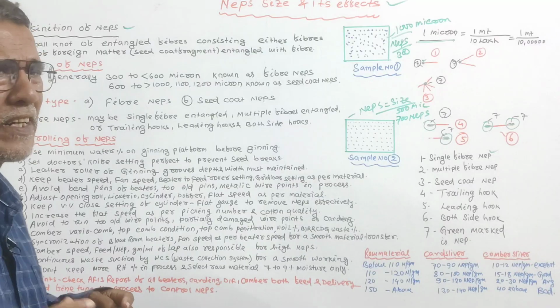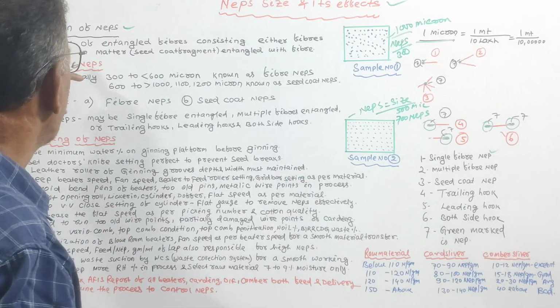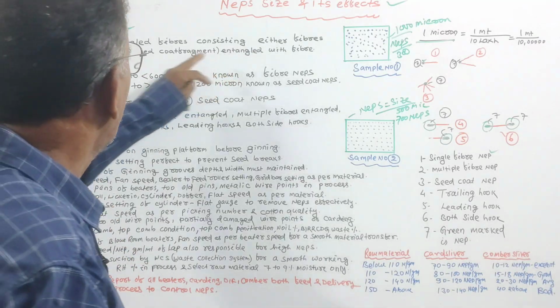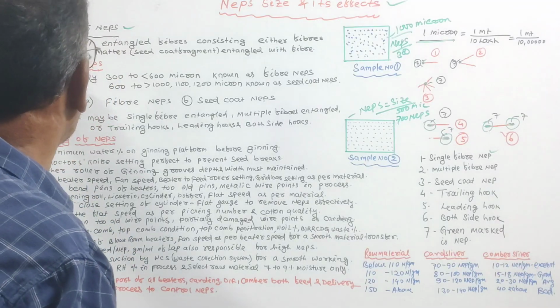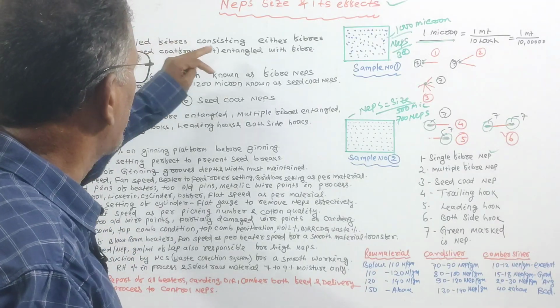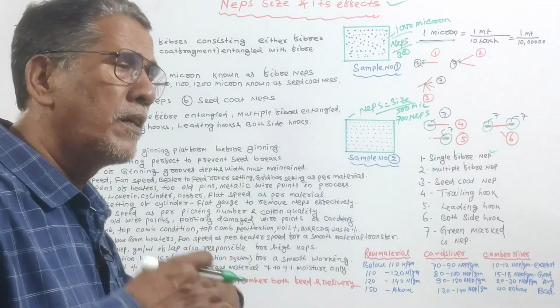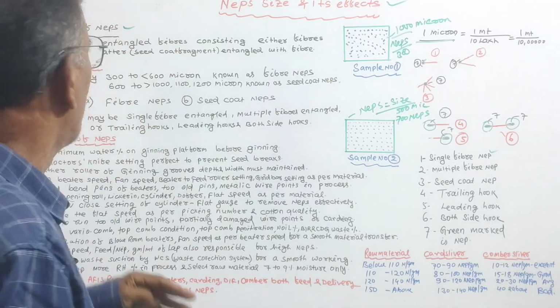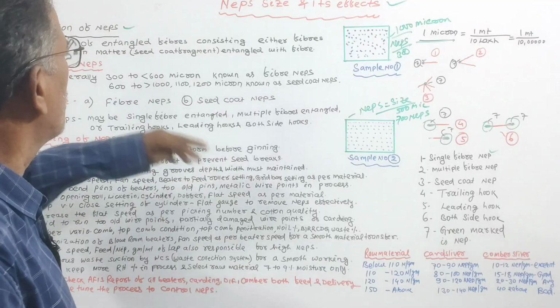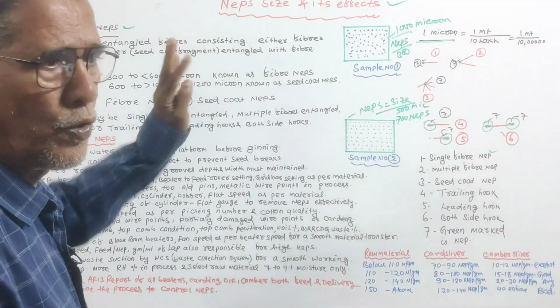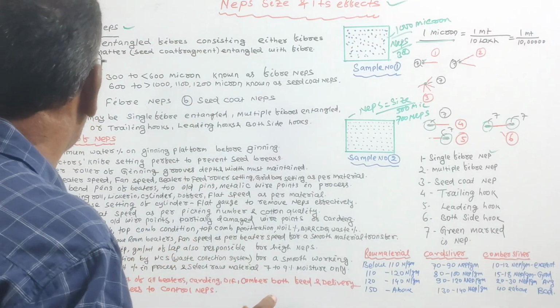That is called a seed coat nep. Again, a nep is a small knot of entangled fiber, either fibers only, or fiber entangled with seed coat. Two types of neps.